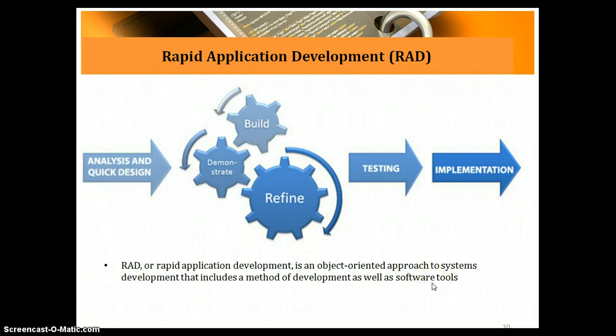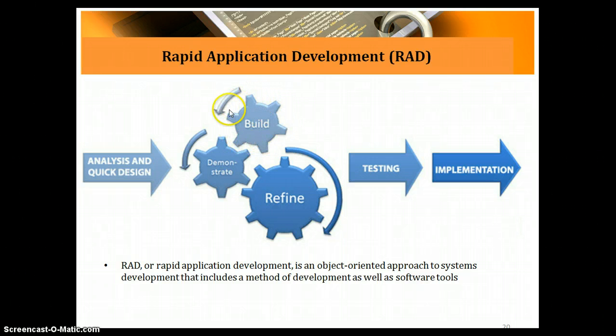RAD starts from analysis and quick design. After that, you build your software. Whenever building is complete, you will demonstrate your software. After demonstration, you will get some feedback. Based on the feedback, do the refinement of your software, then again build your software.